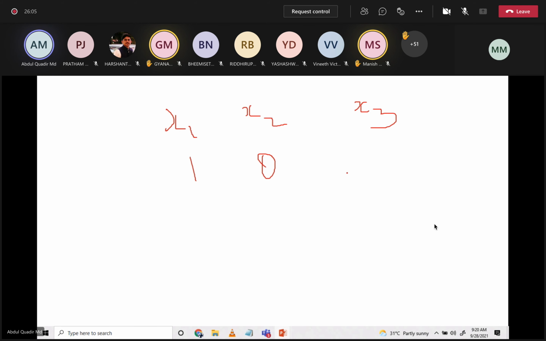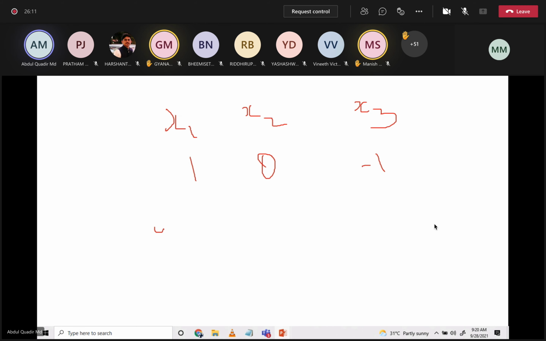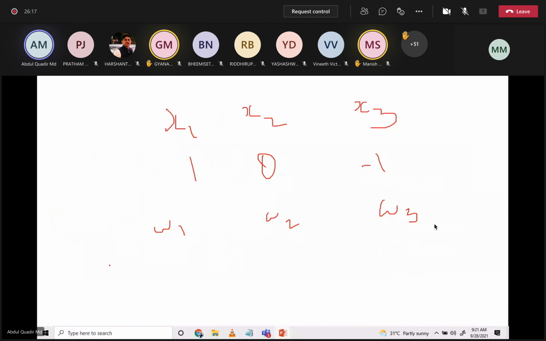What are the weights? 1, 0, 0: W1, W2, W3. So what are we going to do?